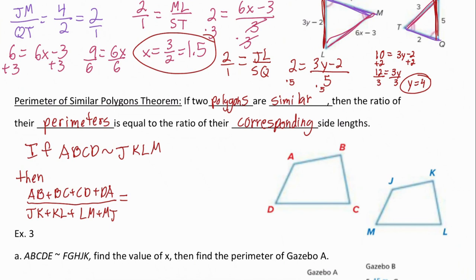So it would be equal to that scale factor. So it would be equal to AB over JK, or BC over KL, or CD over LM, or DA over MJ. So all of those ratios would still be the same.